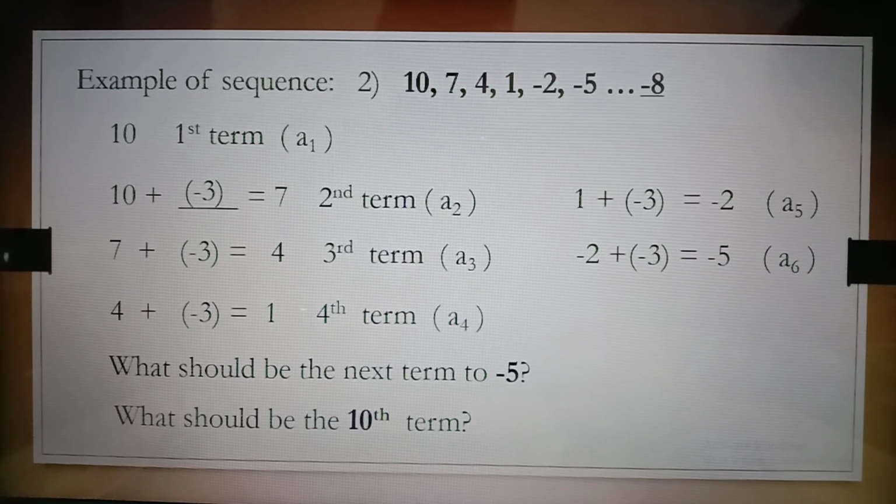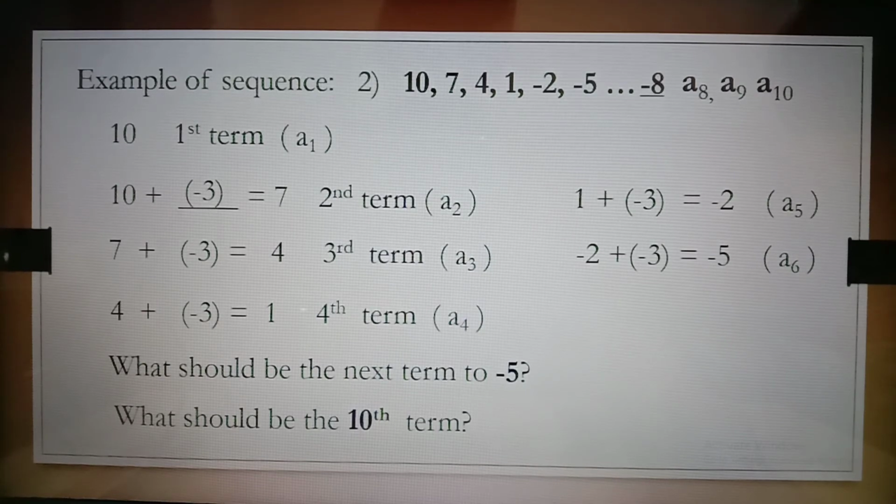What is the 10th term or what should be the 10th term? So, kung titingnan mo, ang negative 8 ay 1, 2, 3, 4, 5, 6, 7. 7th term na siya. So, hanggang 10th term, mayroon pang 3 term na idadagdag.